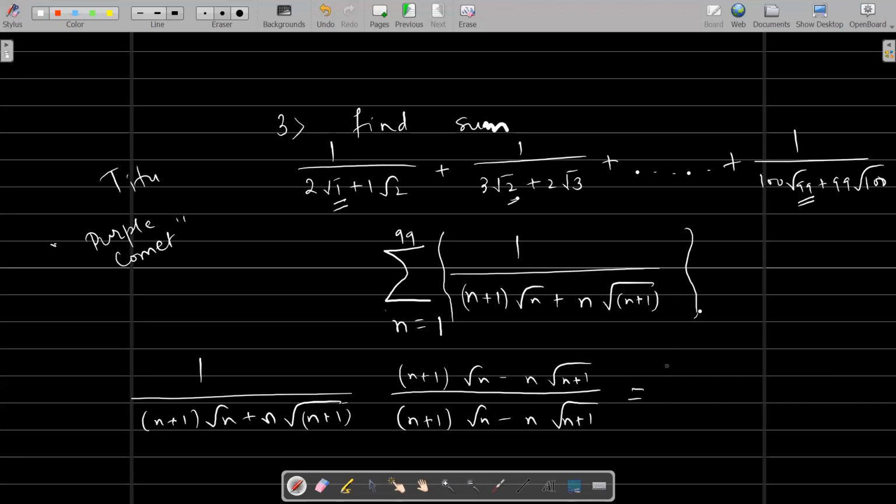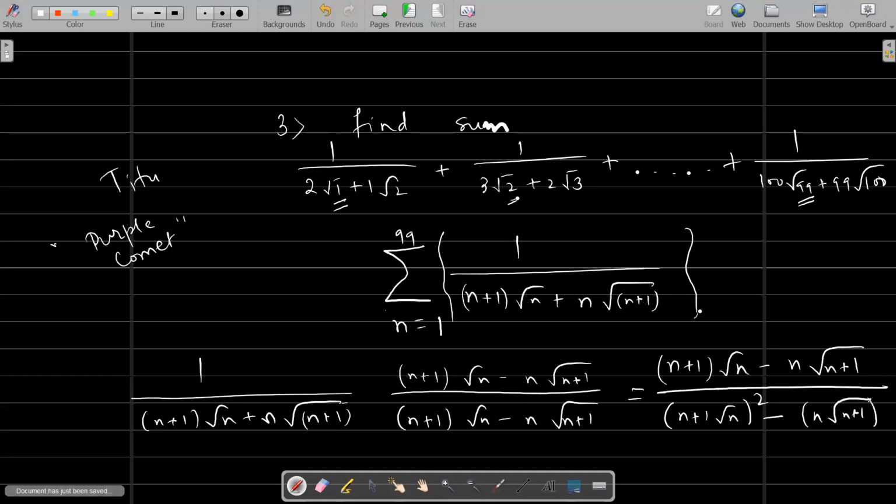So I'll write this as n plus 1 into root n minus n times root n plus 1, upon n plus 1 root n whole square minus n root n plus 1 whole square.